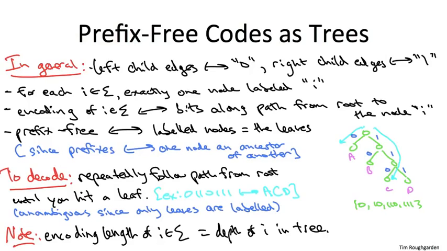The C and the D, which need 3 bits, show up in the 3rd level. So this correspondence is really just by construction. How do you encode a given symbol? Well, it's just the bits on the path from the root, and the number of such bits is just the number of pointer traversals you need to get from the root down to that leaf, and that's just the depth of that leaf in the tree.